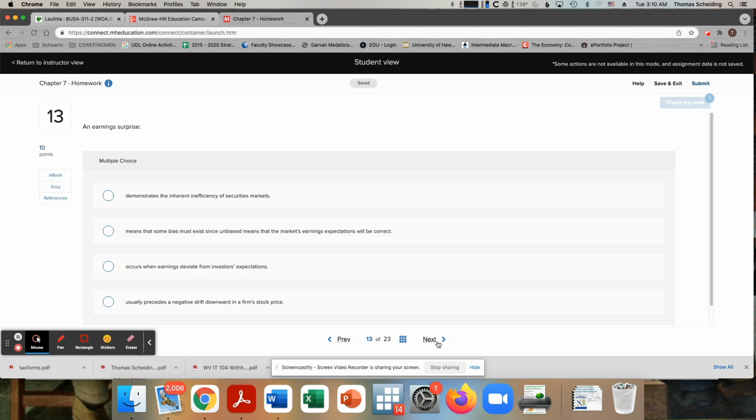This is just the definition, and that is true. What is an earnings surprise? This is also definition. It's the extent to which earnings deviate from investor expectations. It says nothing about how security markets are inefficient or efficient. Security markets use analysts to make the best estimates they can, so there's nothing inefficient about them.